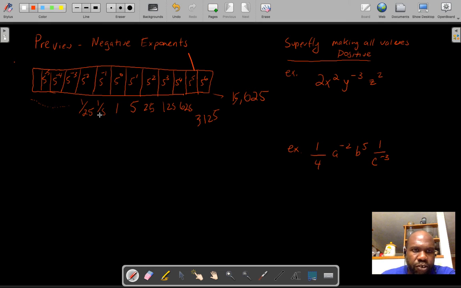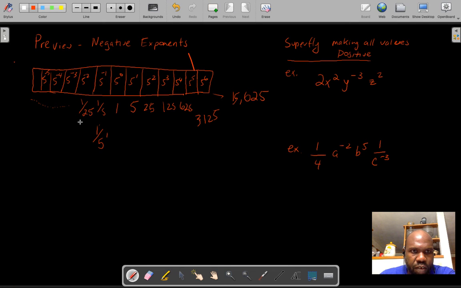Okay. So as you can see, what happens in this situation, anytime you have a negative exponent, you're basically flipping the value and finding its reciprocal. Okay. The reciprocal means the opposite. Okay. So you're taking the opposite. Or you could think about it this way as well. So we're putting in 1. Another way you can think about it, if we expanded it out, basically we have 1, and then we have 5 to the 1 power.